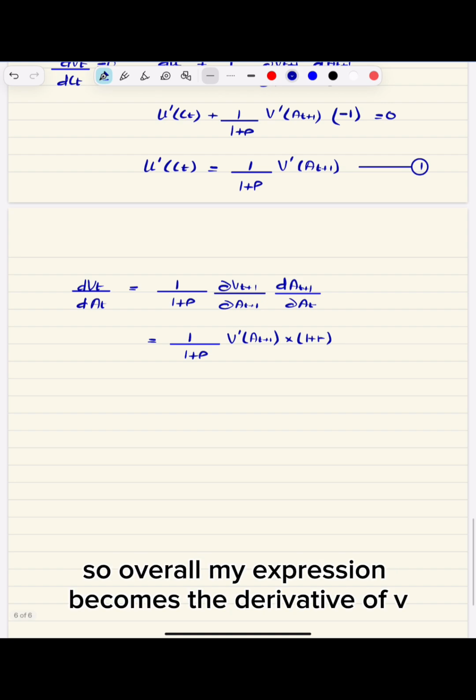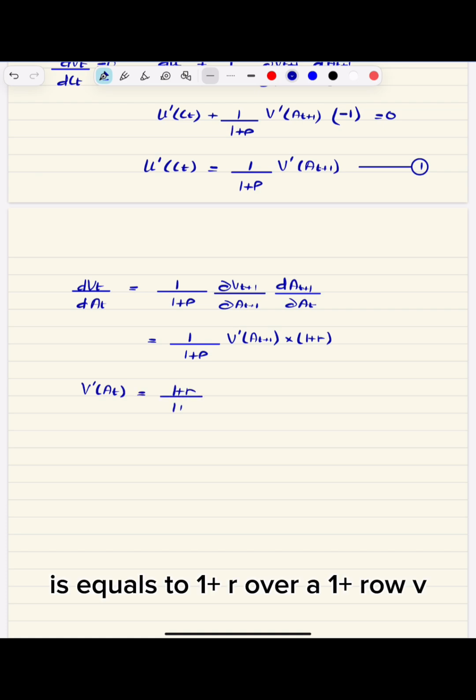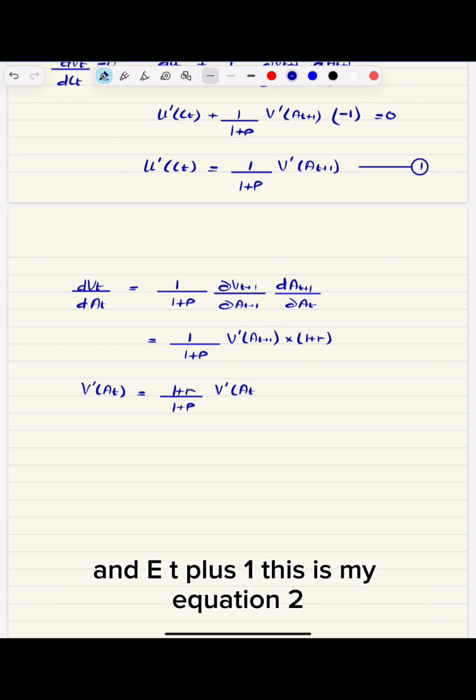Okay, so overall my expression becomes the derivative of v with respect to a_t is equal to (1 plus r) over (1 plus rho) times v at a_{t+1}. This is my equation 2.